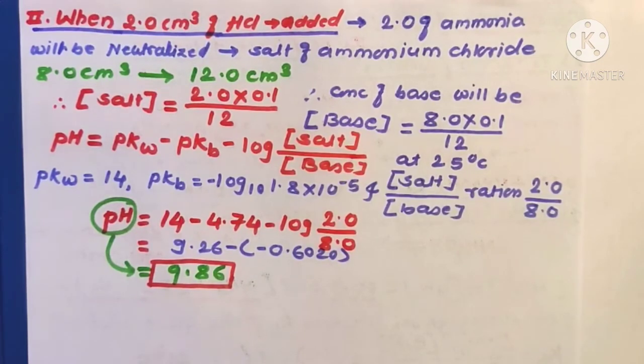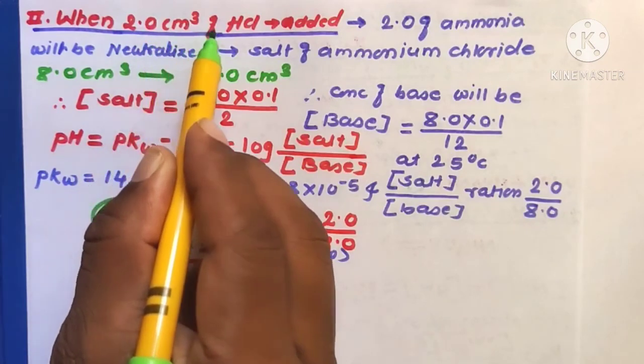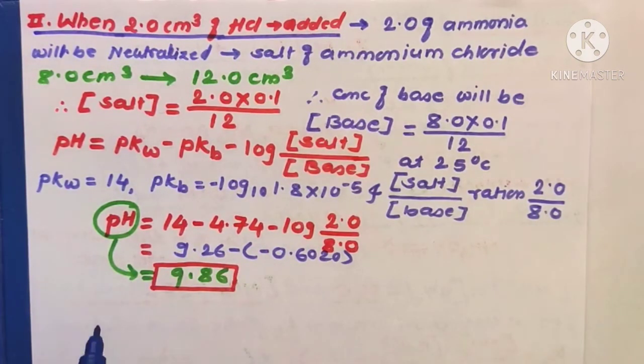When 2.2 cm cube of HCl is added to the titrant solution, these are the practice examples.